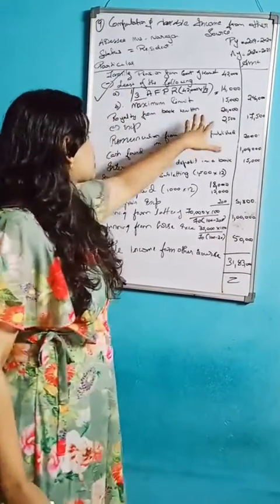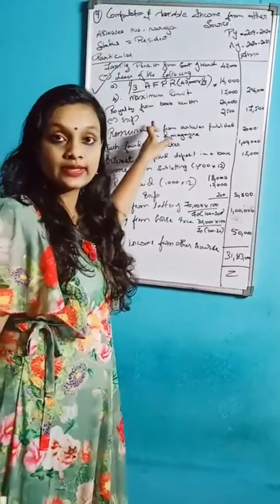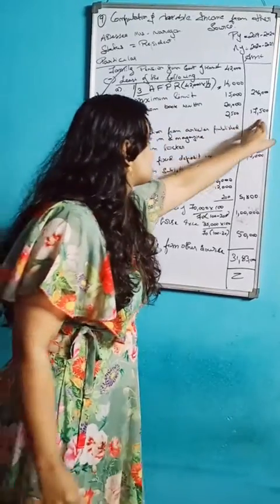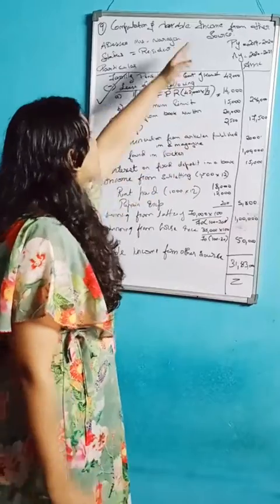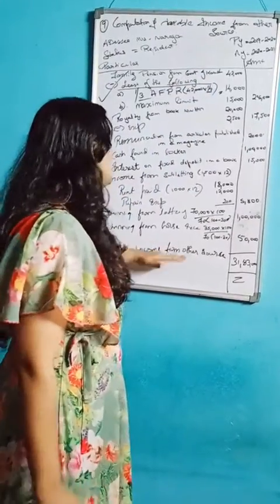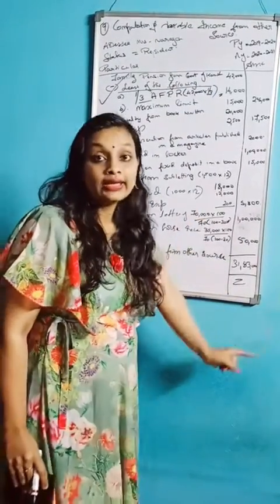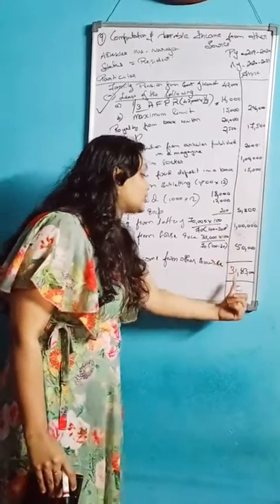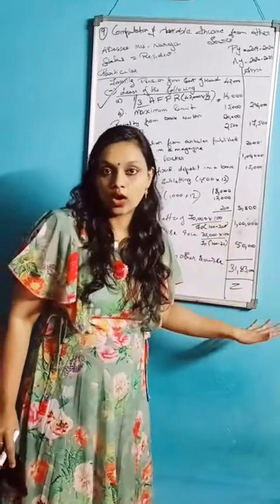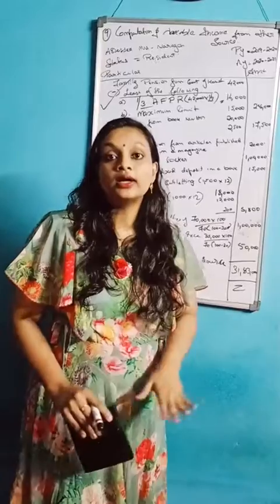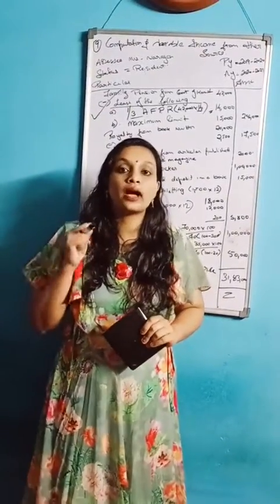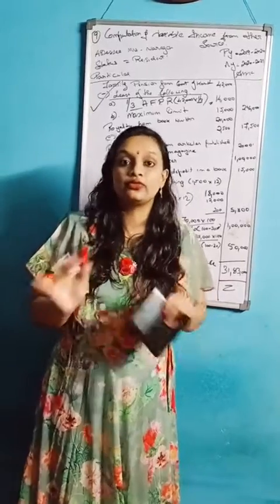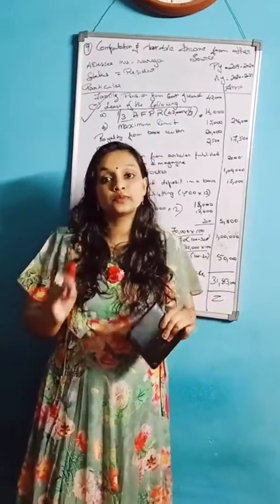And next, in royalty you have expenses, you should minus and you get this answer. Then based on the questions you calculate, and the final answer, that is taxable income from other source, you will get 3,18,300. So the chapter income from other source is completely finished, theory as well as practical.